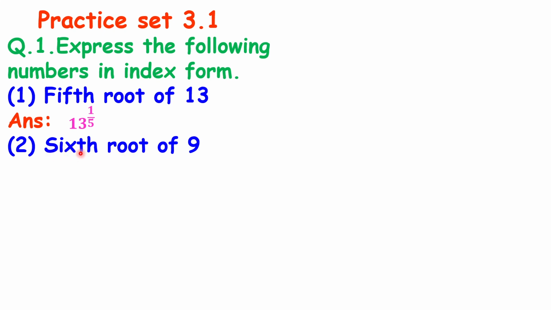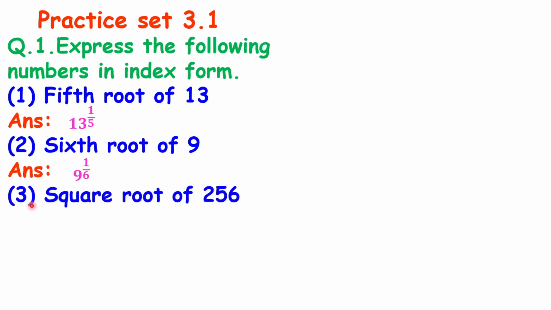So 6 is the denominator of the fraction. So answer is, first we have to write base 9 raised to 1 upon 6. Sixth root means you write the number at denominator place.